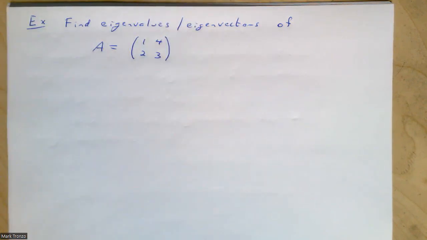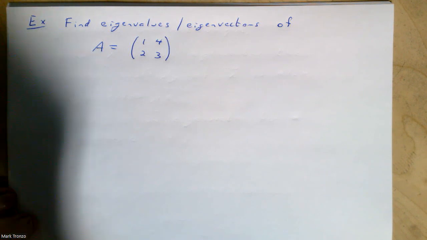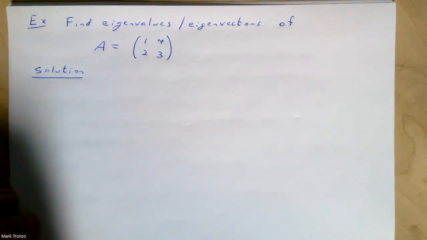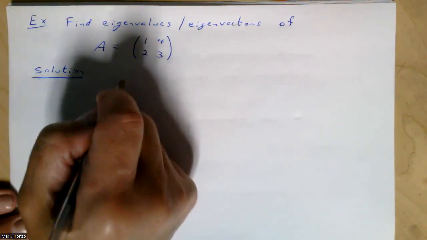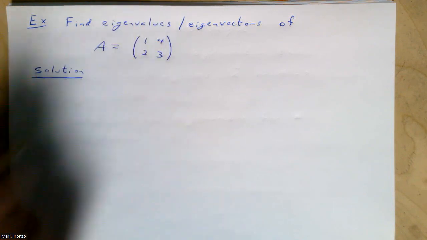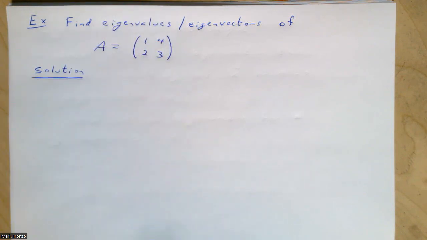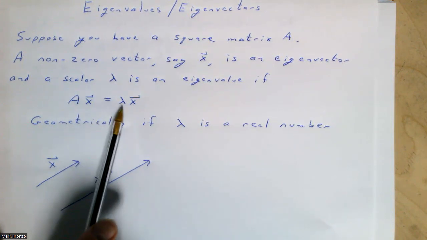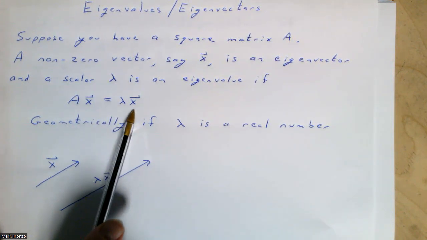So we have this matrix, and we want to find the eigenvalues and eigenvectors. The simplest way to do that is, first of all, as we said before, we want to find the value of lambda such that Ax is equal to lambda x.